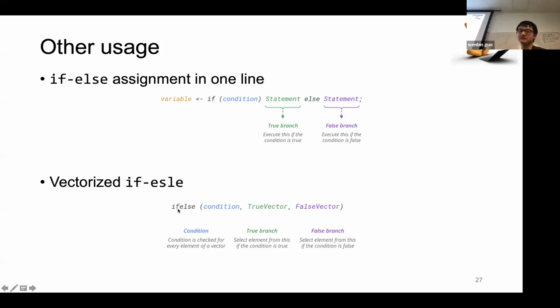You can use the ifelse function. Again, the condition here can be a single value or a vector of true or false. Based on whether it's true or false, we decide whether we go to the true branch or the false branch. In the later RStudio session, we are going to see how it actually works.